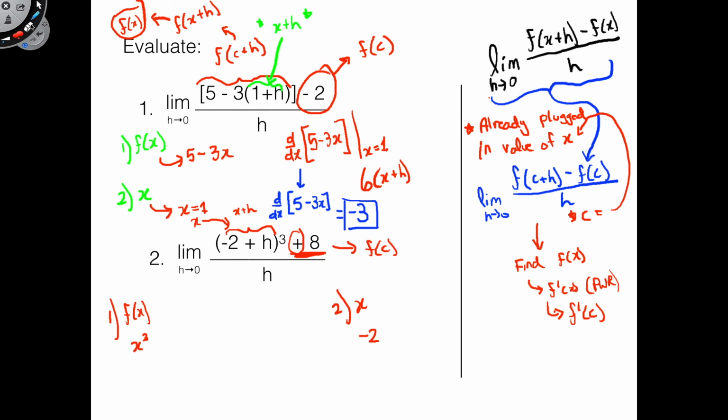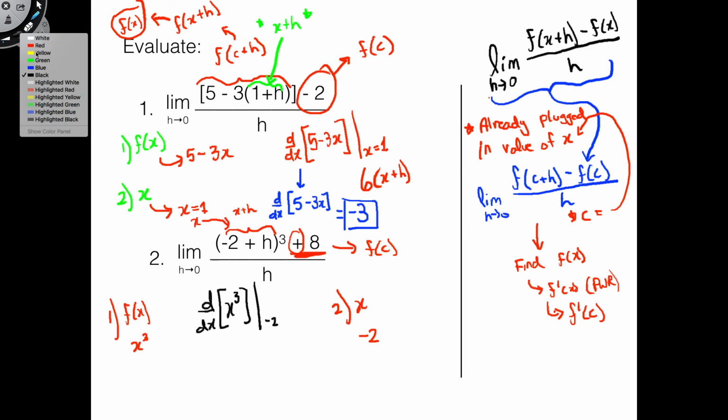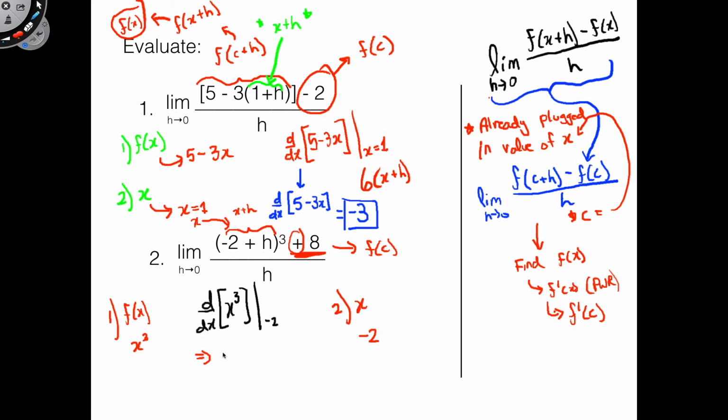Now we just have to do the following problem, which is the derivative of x cubed evaluated at x equals negative 2, and this is going to be 3x squared evaluated at negative 2. This time this would be 3 times negative 2 squared, which is simply 3 times 4 equals 12.